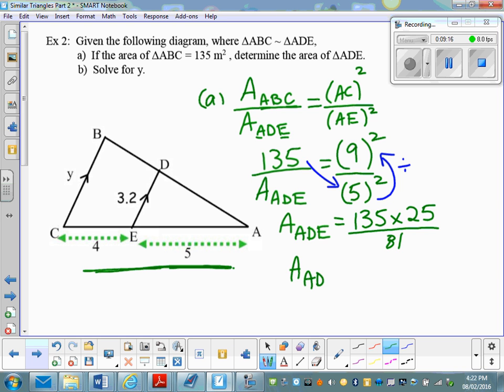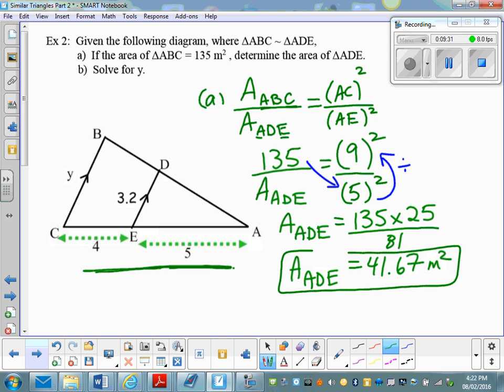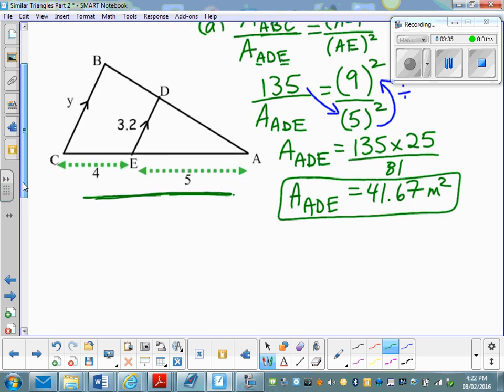And when I do that, the area of triangle ADE is 41.67 meters squared. So there's my area. The second part of the question says solve for y.